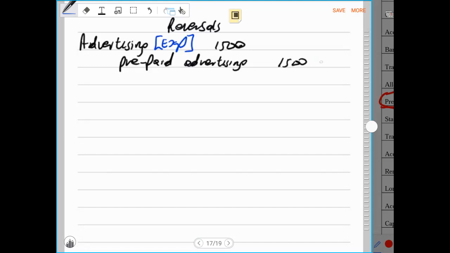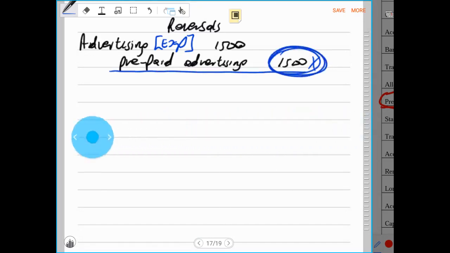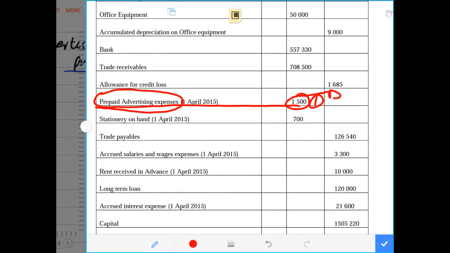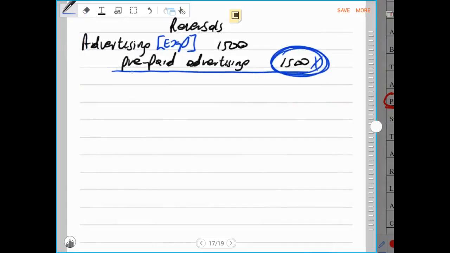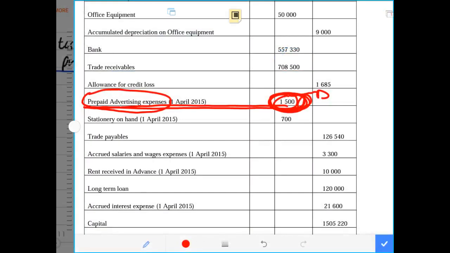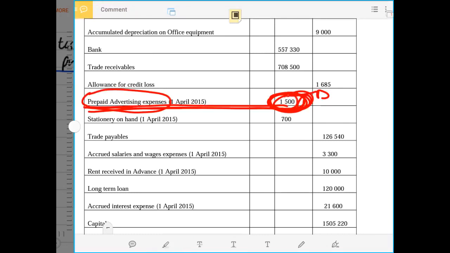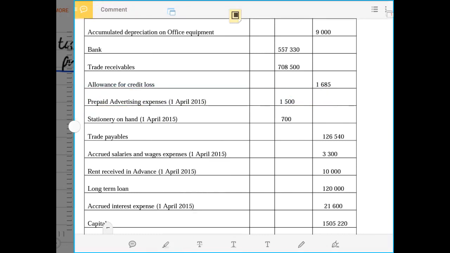However, we don't record the credit side anyway, because the minute we credit our prepaid advertising, we are cancelling the prepaid advertising that was recorded on the debit side. So when you make a reversal, we cancel it when we do the general entry.